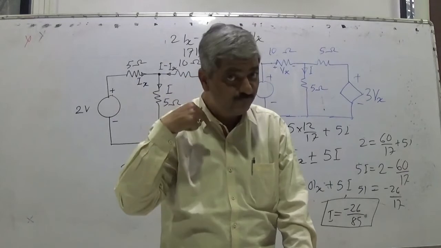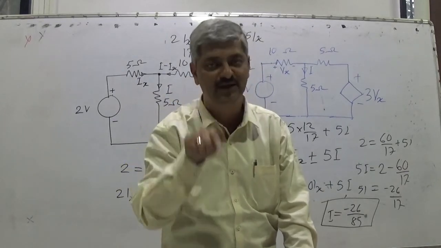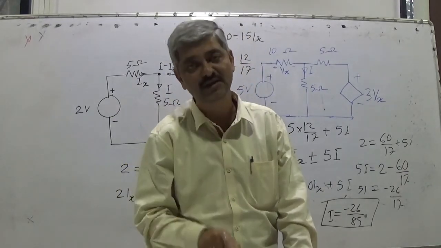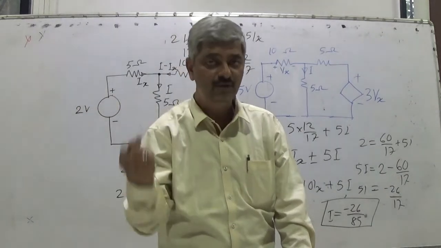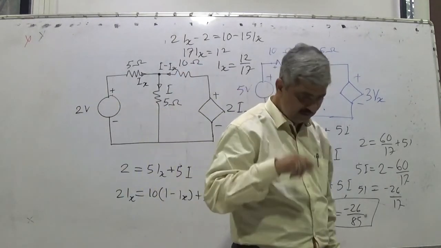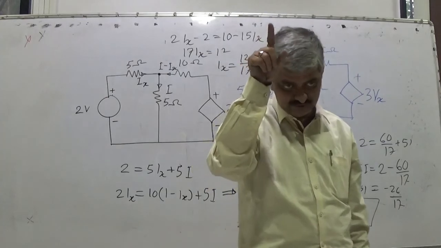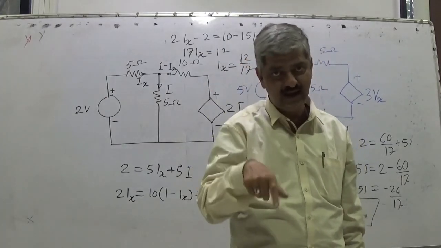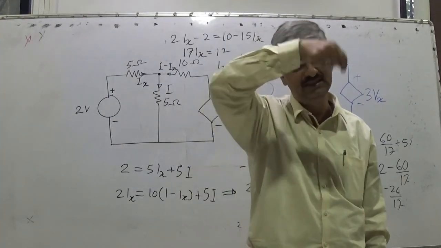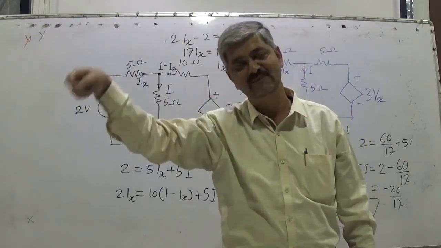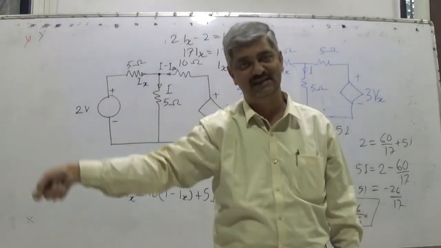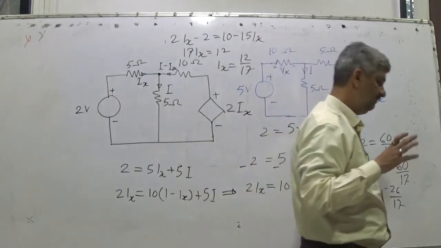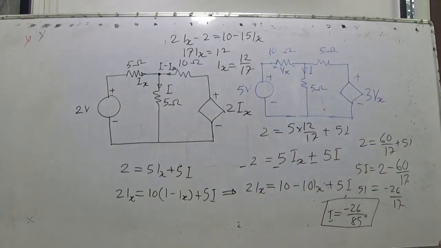The value of a dependent current source can depend on some other current or some other voltage. The symbol for a dependent source is different, and the value on which it depends is specified somewhere else in the same circuit. So I think with this, the one patch which was remaining for dependent sources is now completed. Thank you.